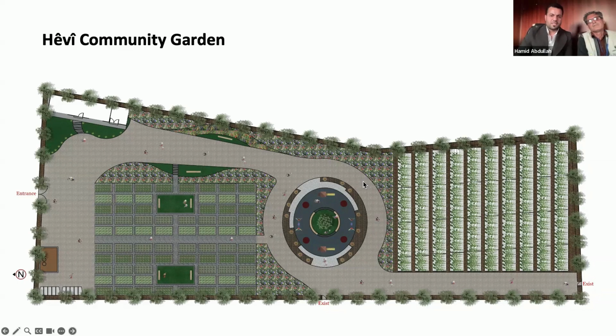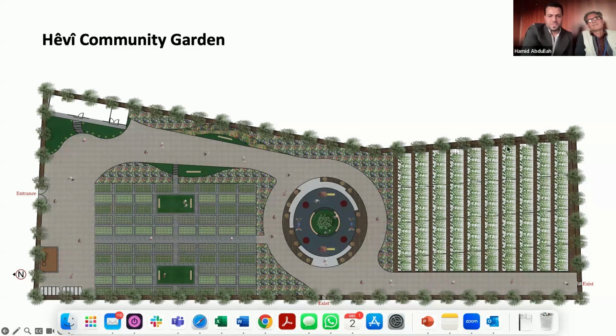That's quite a good area for having fun with the children and gathering, toddlers as well. And those gardeners who have children can bring their kids with them to the garden and have fun in that spot.